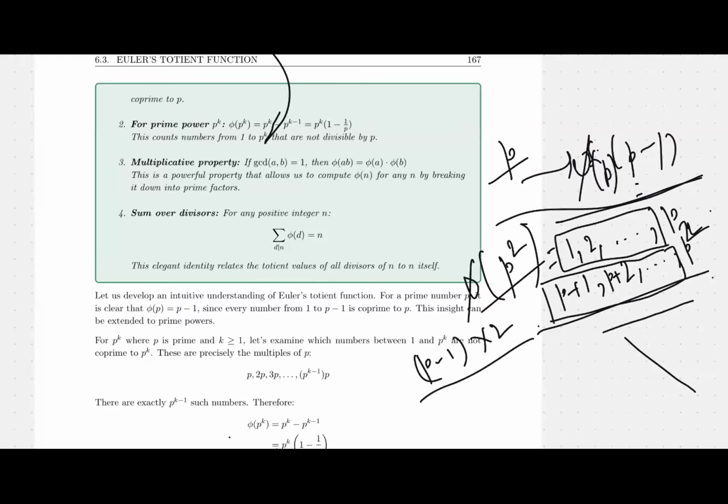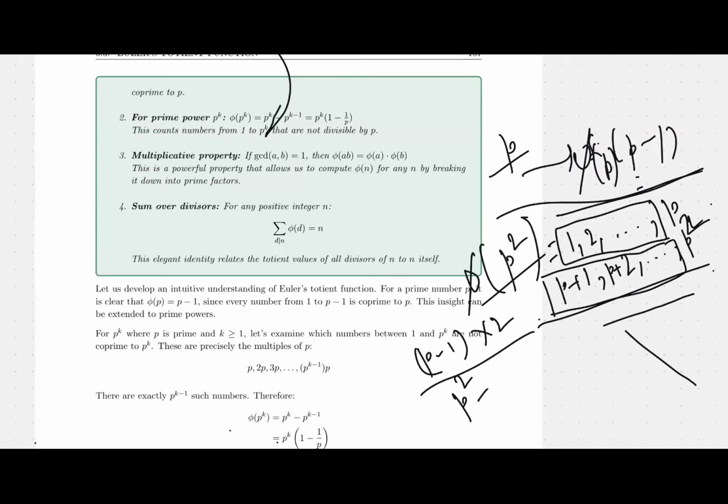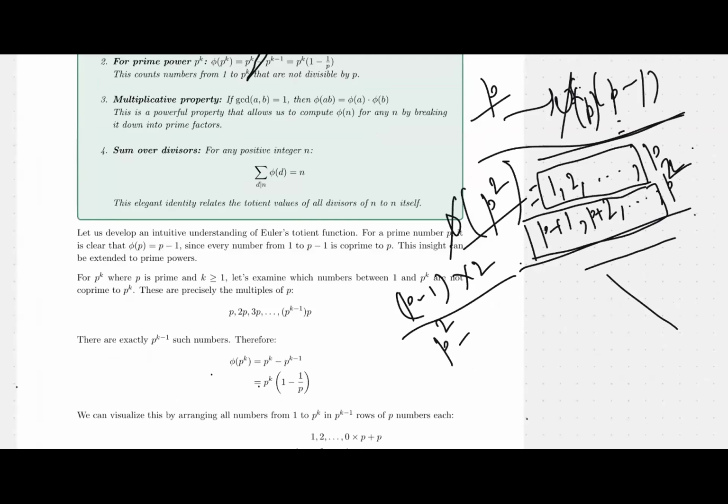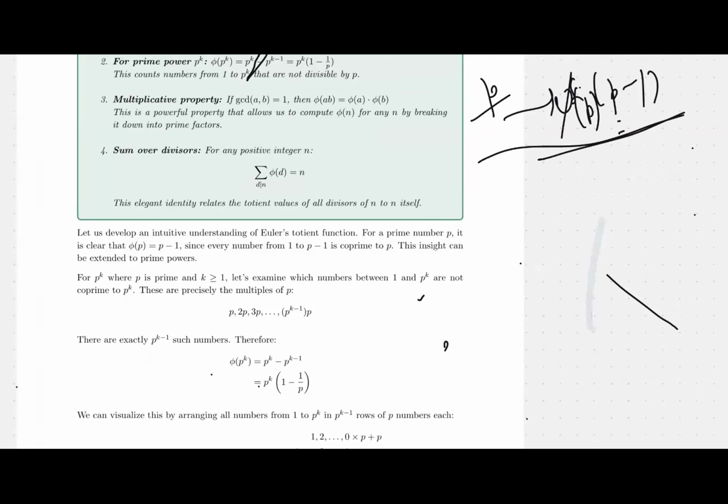But essentially what we can see is that p square minus, sorry, this is wrong. So the mistake that I made is actually a very common mistake.